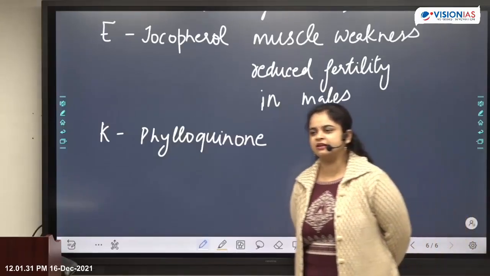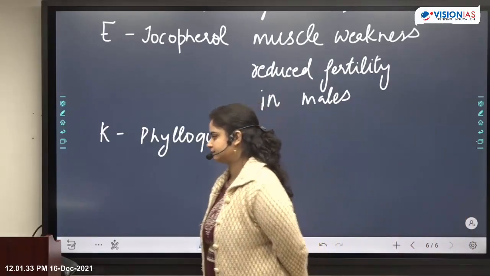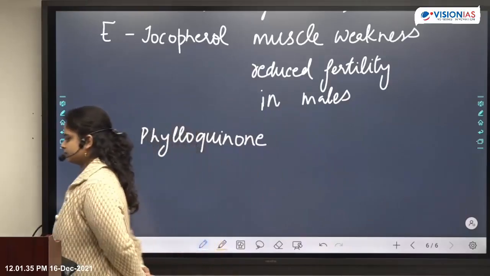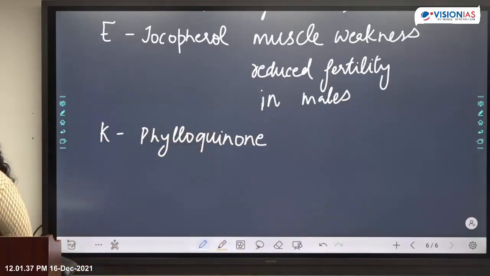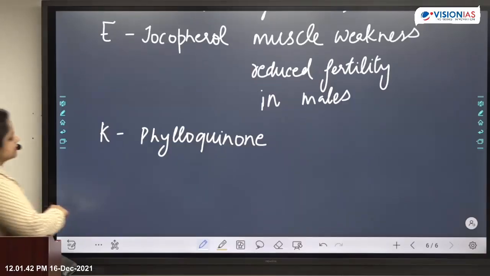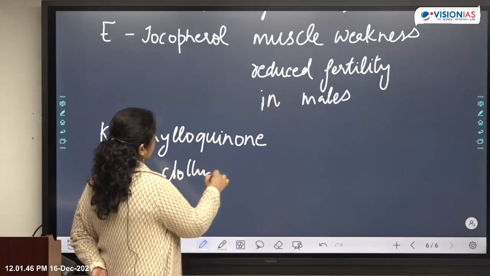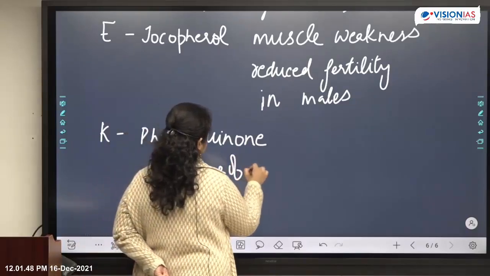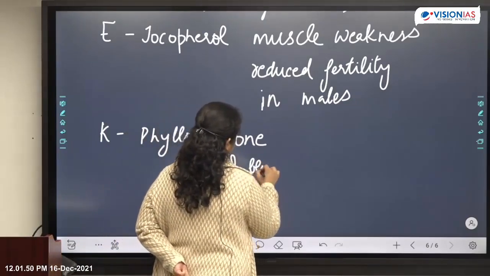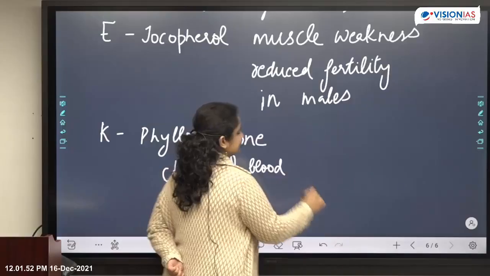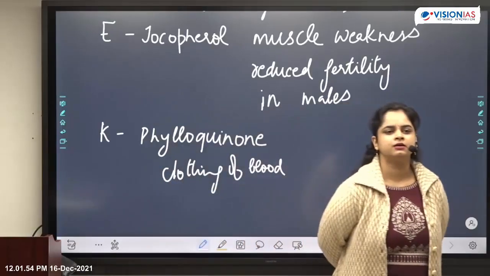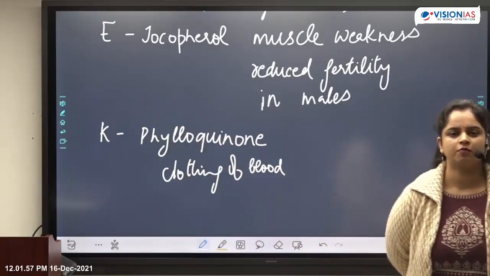Sources, green leafy vegetables. Now this is important for helping in clotting of blood. Vitamin K helps in the clotting of blood.